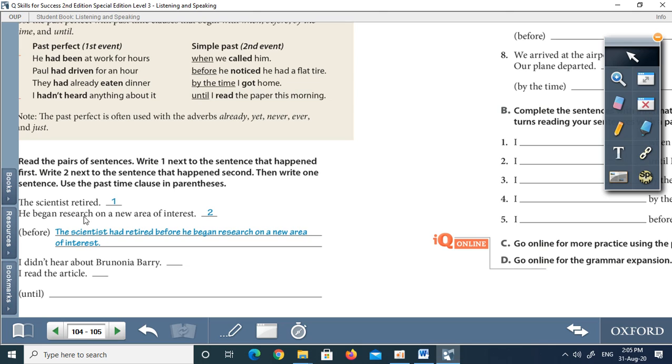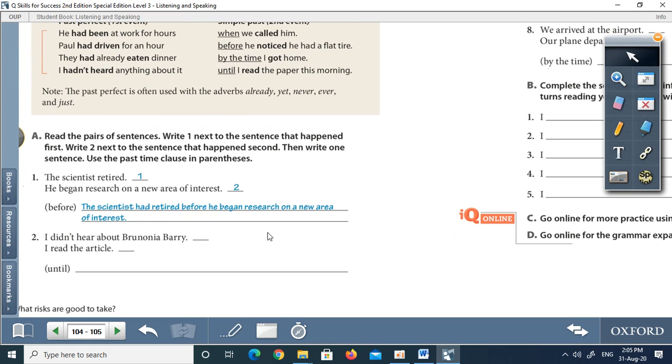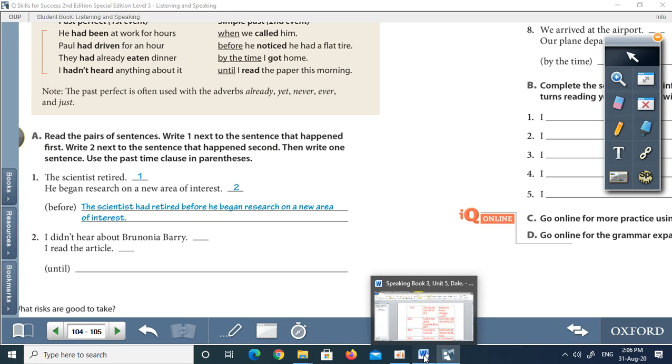All right. If you didn't understand that, let us have a look at example 2. I didn't hear about Brunonia Barry. I read the article. Logically, we read the article first, and when we have read the article, then secondly, we should be able to hear about Brunonia Barry from the article.